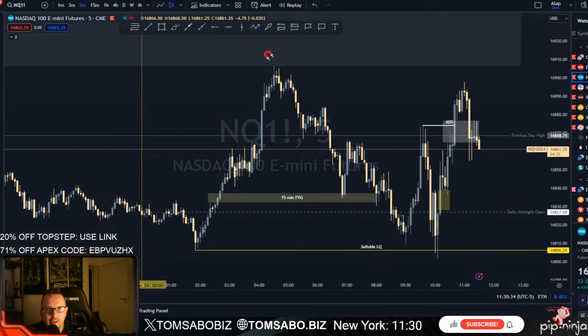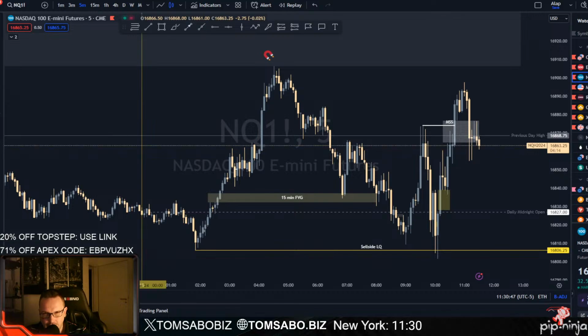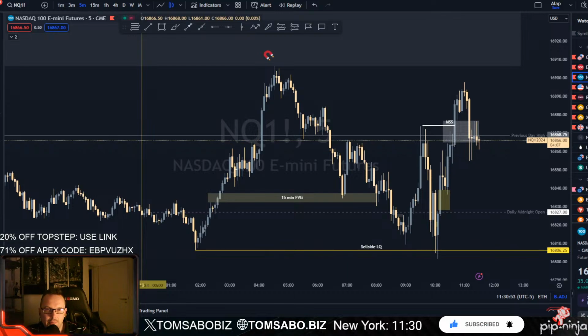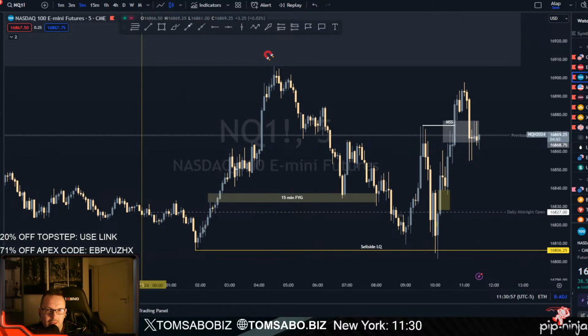It's just my feeling that tells me that it wants to go down. Maybe it's because of the VWAP that everybody wants to sell it below there, or maybe because there's no buyers on this level.